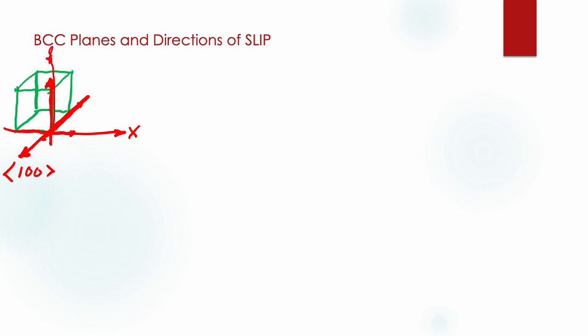So that direction, and we use square brackets to indicate a direction, is [0, 0, 1]. And the direction here is the [1, 0, 0] direction.